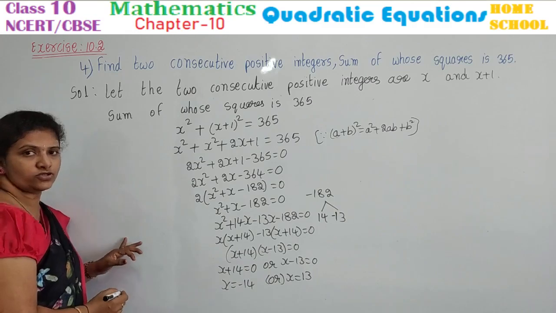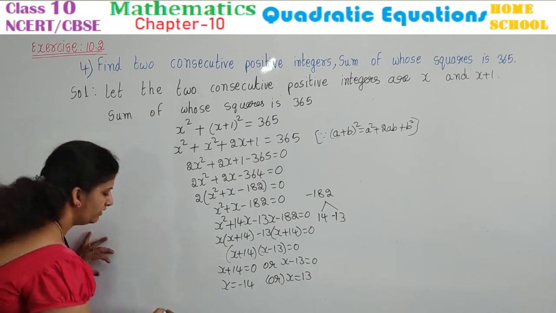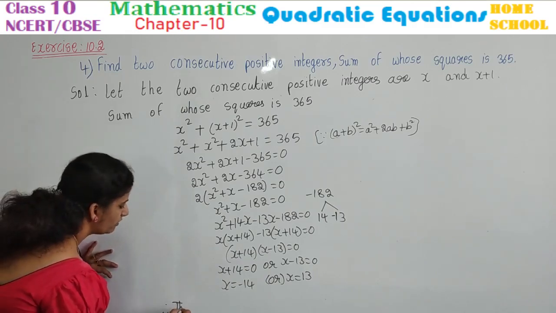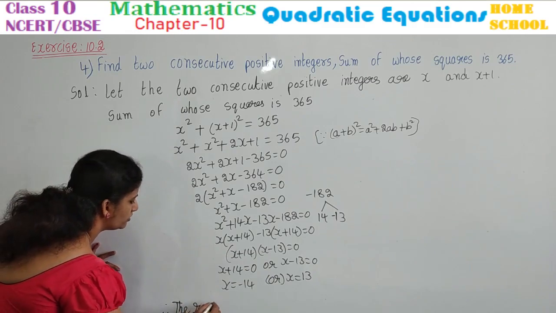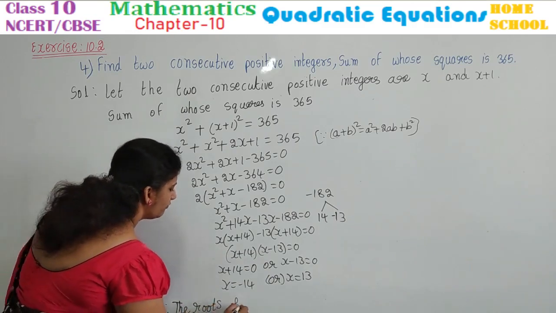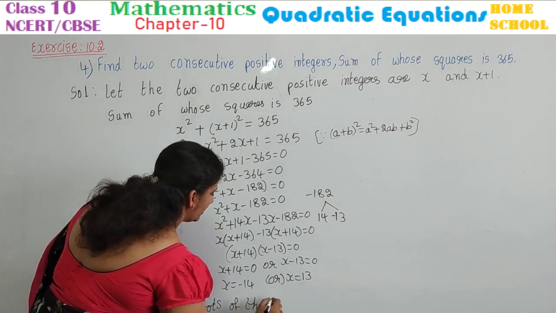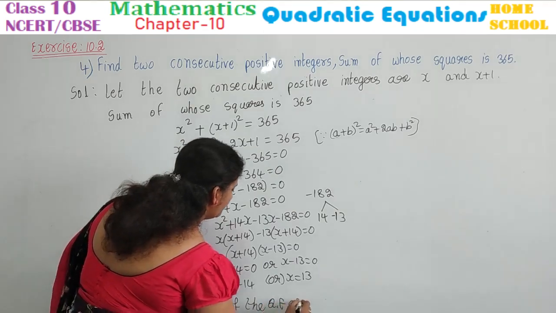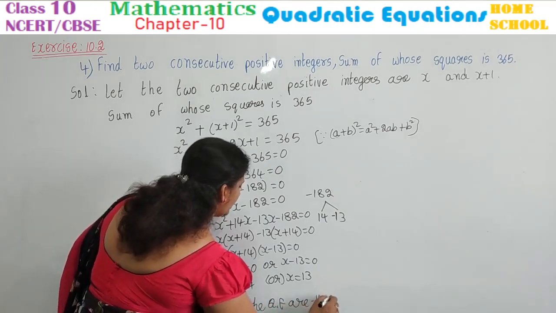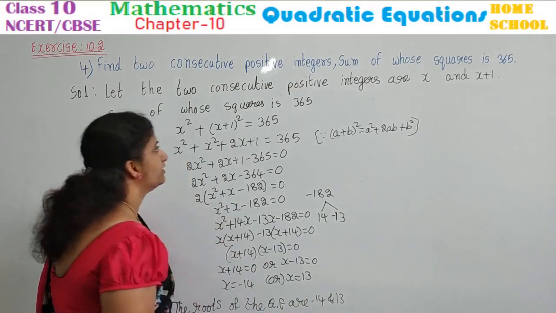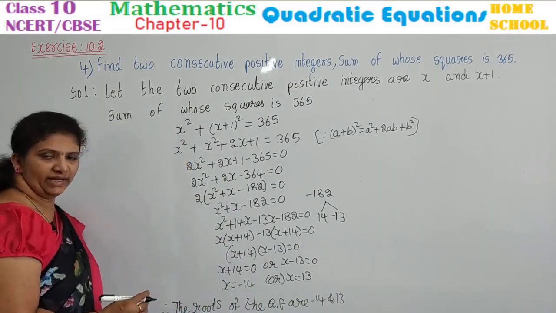So what are the roots of the quadratic equation, children? Therefore the roots of the quadratic equation are minus 14 and 13. So is our problem completed?